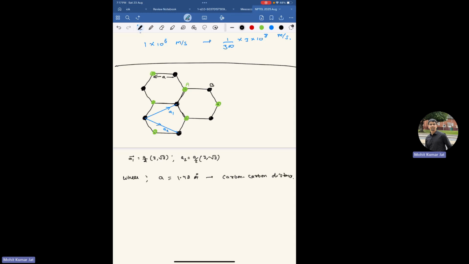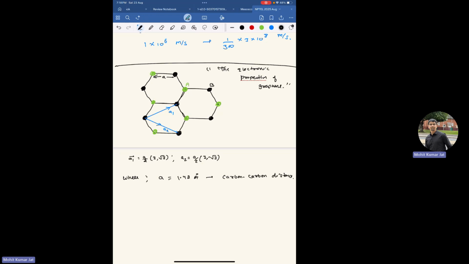Whatever I'm following here is from the paper "The Electronic Properties of Graphene" by A. H. Castro Neto, Guinea, Geim and other additional authors. This is the paper which I'm following. If you are interested in more reading about it, you can have a read of this paper. It gives you a brief history of graphene and the key phenomena related to graphene.